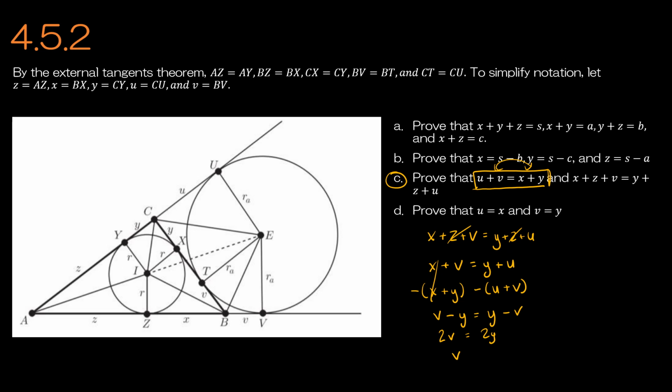Dividing by 2, v is equal to y. And then pretty easy from there, if v is equal to y, I can then show that u is equal to x just by substitution. So u plus v equals x plus y. If I replace v with y, I get u plus y equals x plus y. Subtract y, u is equal to x.